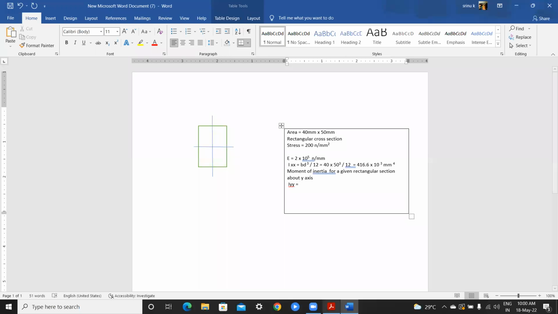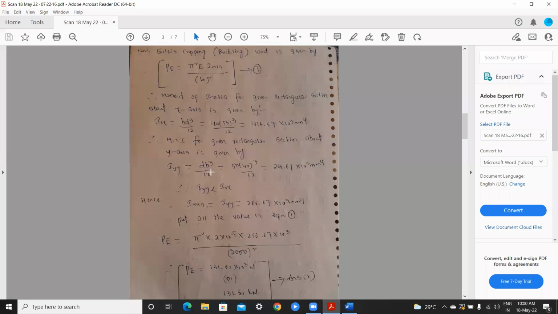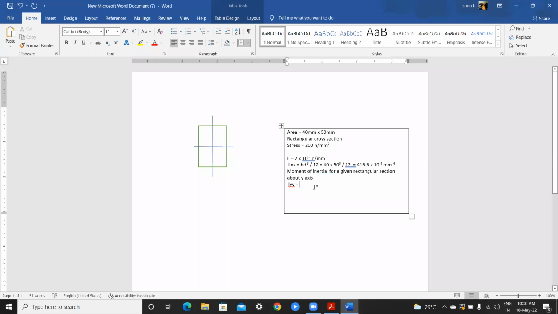You can see our formula, db cube by 12. Here our depth is 50 and breadth is 40, so directly I am writing 50 into 40 cube by 12. The answer will become 266.67 into 10 cube mm power 4.